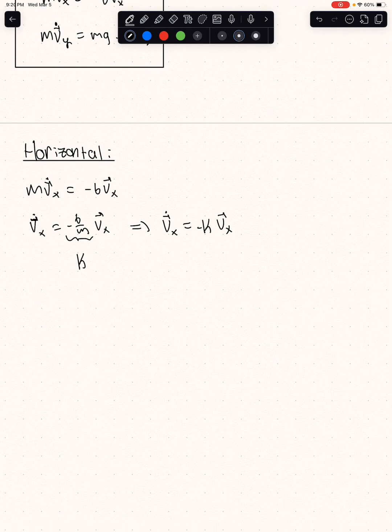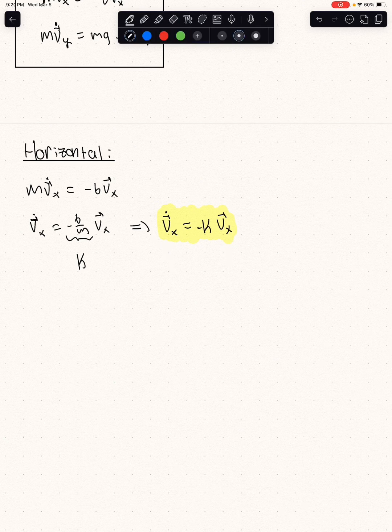And with this equation, well, maybe I'll highlight it. This equation is telling us that the first derivative, this term, is equal to the original function times some negative constant.